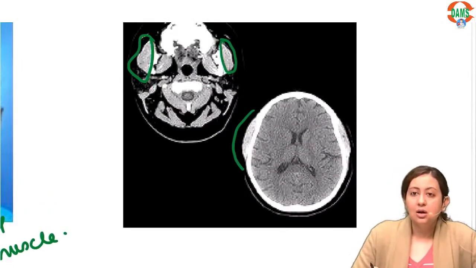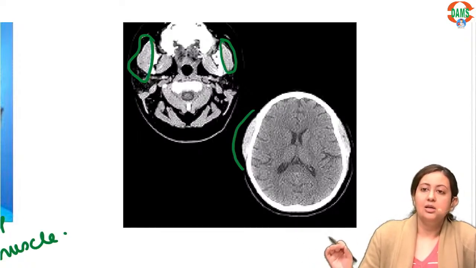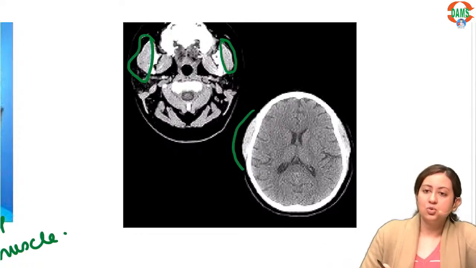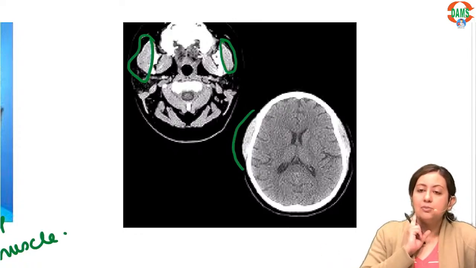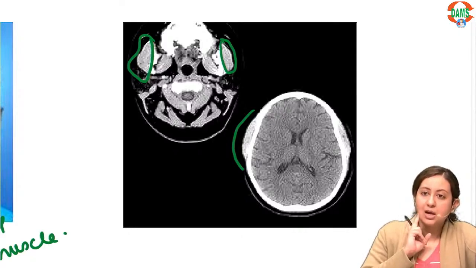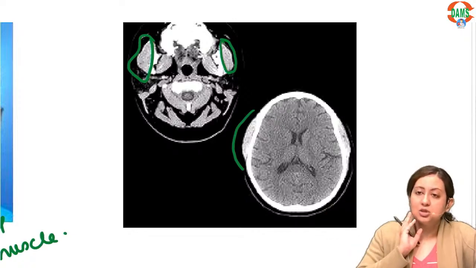The patient is a habitual, chronic chewing gum chewer. Most probably he chews gum from one side continuously for hours and hours together. That has caused hypertrophy of the masseter muscle.